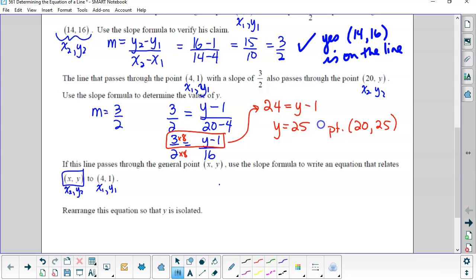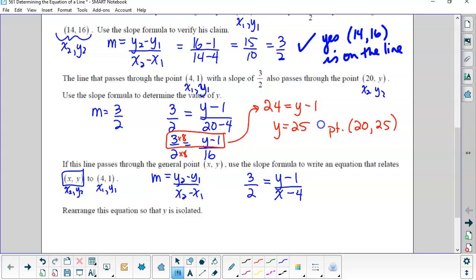We're going to keep it in that general form so that the equation of the line is satisfied for any different x and y values that are related to each other. We know our slope is y2 minus y1 over x2 minus x1. Then 3 over 2 is our slope. Our y2 is y, our y1 is 1, then x2 is x, and x1 is 4.